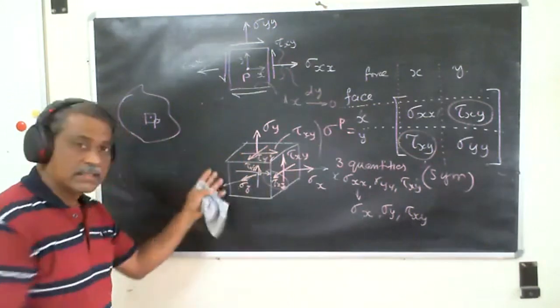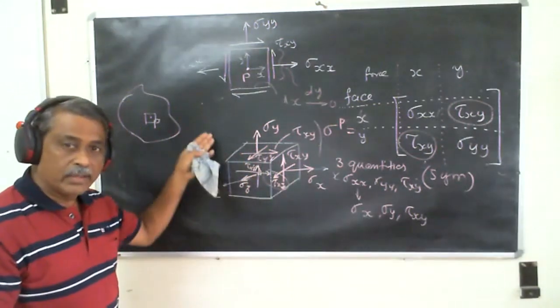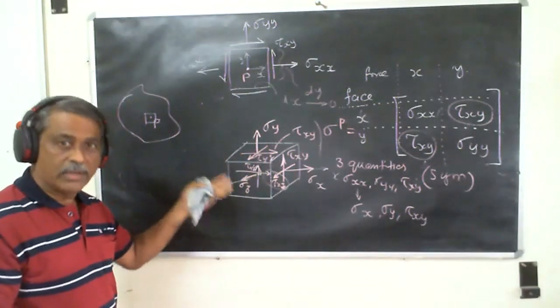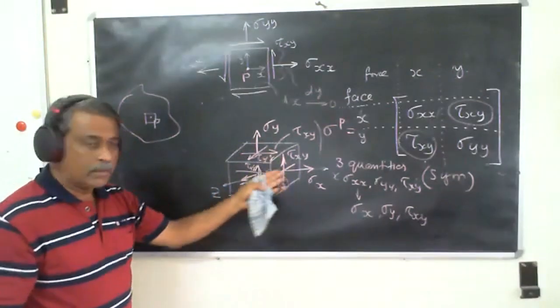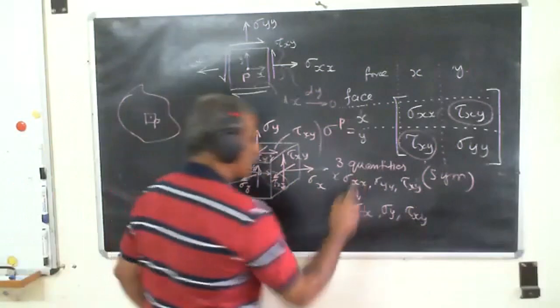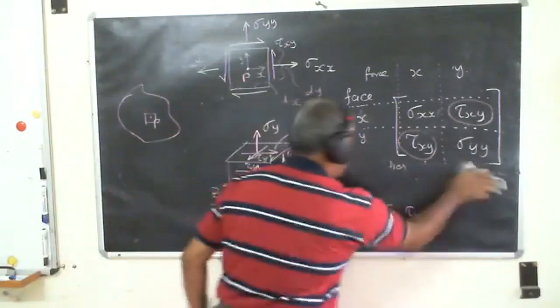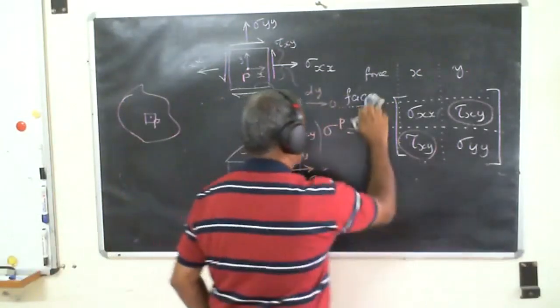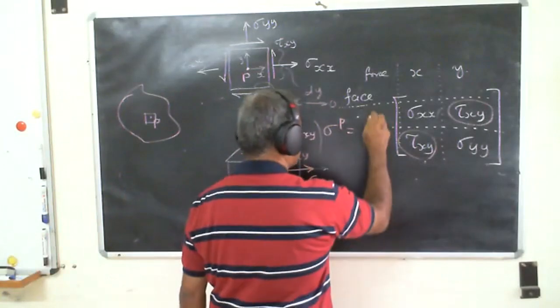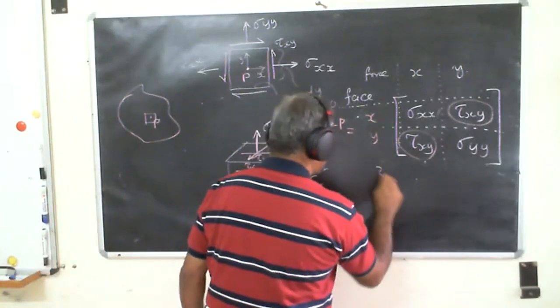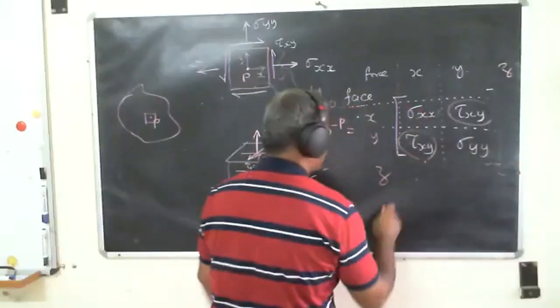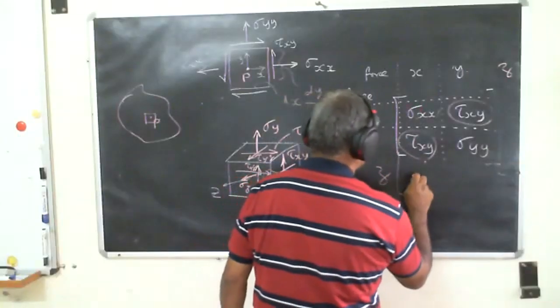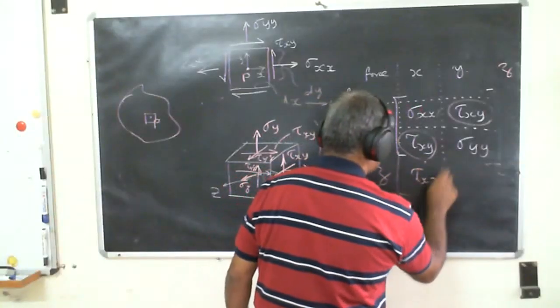Of course, on the other sides, the conjugate sides have not been drawn, but you are supposed to draw them also. I have 3 of them over here. So in which case, the matrix will be a little larger. It will be X, Y, and Z also. Right? That's all. So here it would be tau xz.